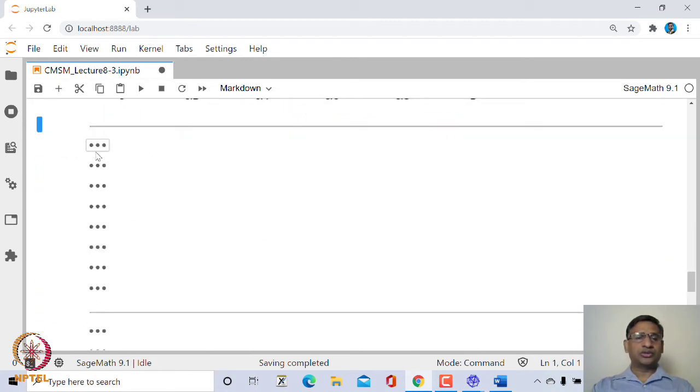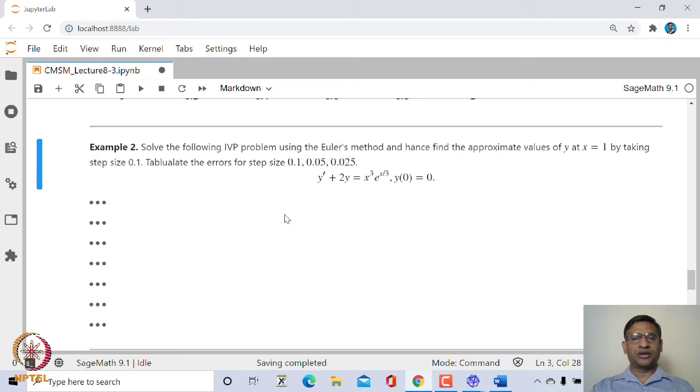Now you can also try to tabulate the errors. For each step size, let us say 0.1, 0.05, 0.025, you are approximating the value of y(x) with this given step size, right. So there is always error.